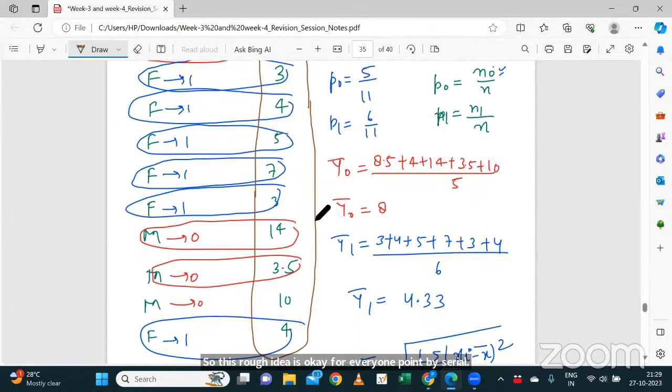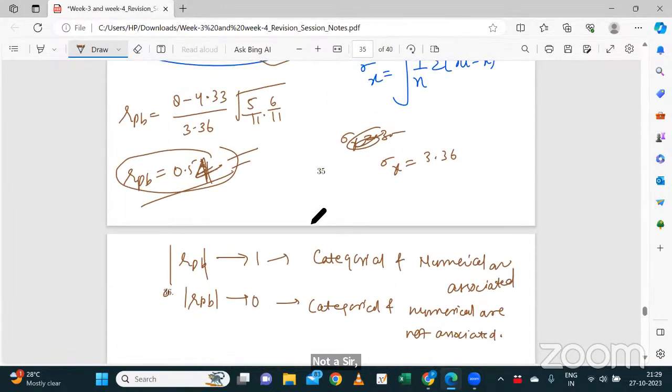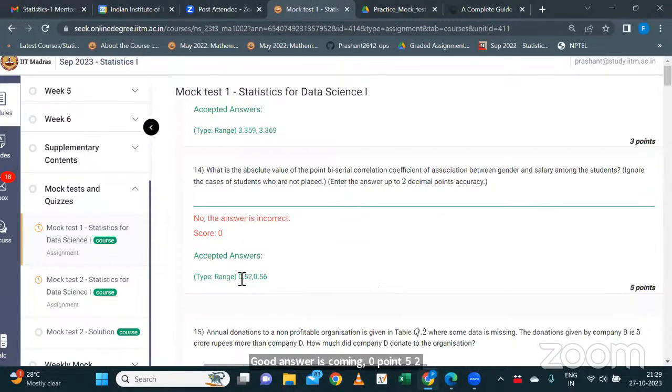Sir, did you round off the final answer? My answer was coming 0.53. No, sir, the answer is coming 0.524. Actually, the range we are providing, the answer is 0.54, the middle value. So I'm assuming 0.54 is the answer.